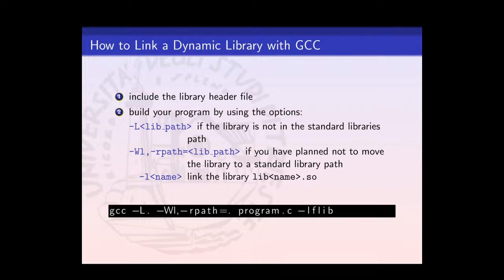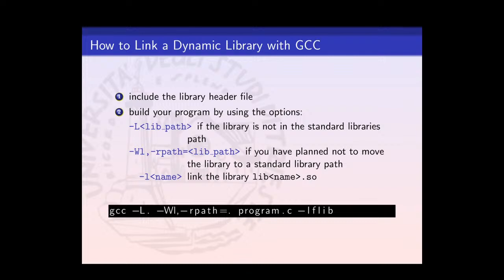And so to do it, you have to provide the minus capital L parameter, which is basically the current path of the library you want to link to your executable. Of course, you may provide many paths in which to search for the library you want to deal with.